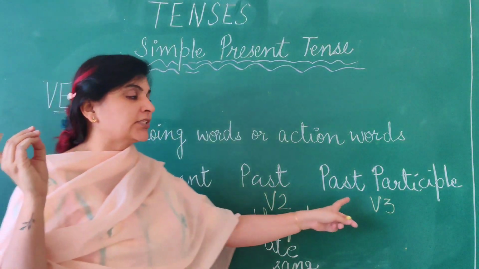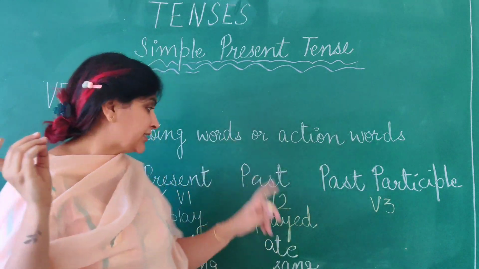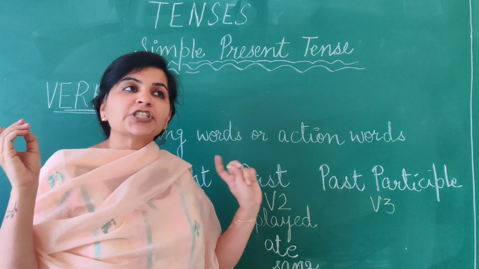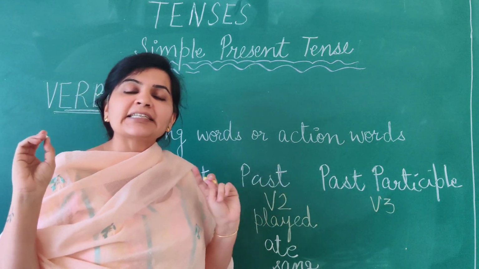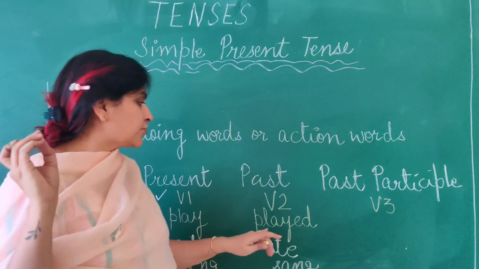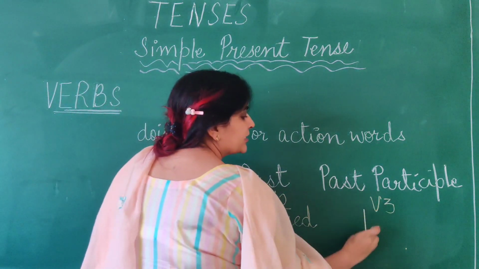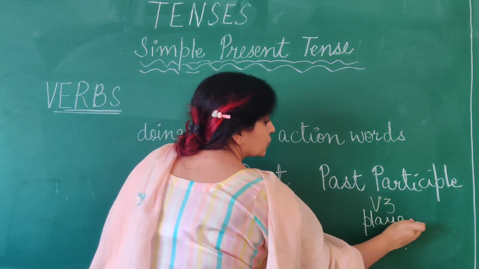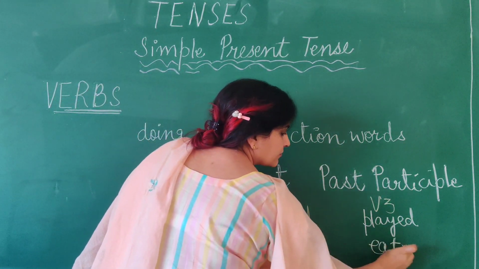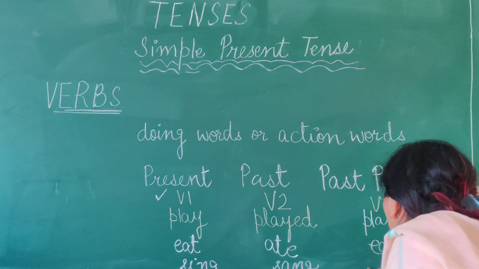Now don't confuse verb form 3, the past participle, with future like I said, because these are very different. If you remember, in the future tense we use the word will, but that I will explain when we do the simple future tense. So the past participle is play, played, played, not will play. Eat, ate, eaten, and sing, sang, sung.